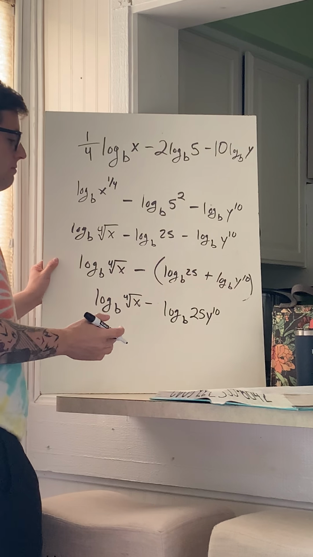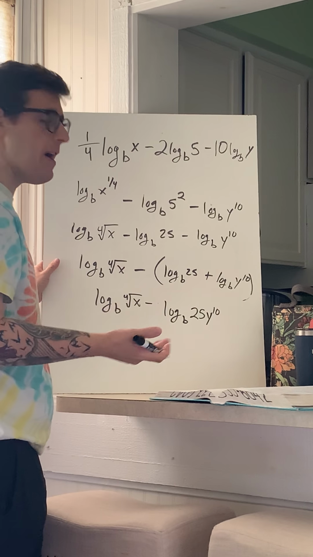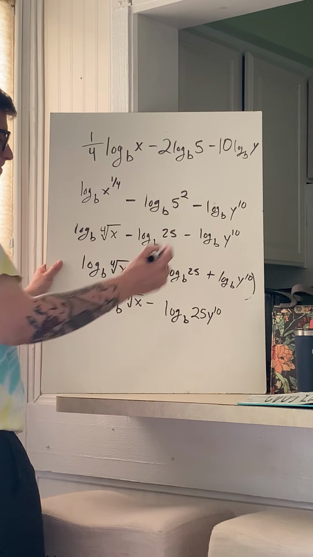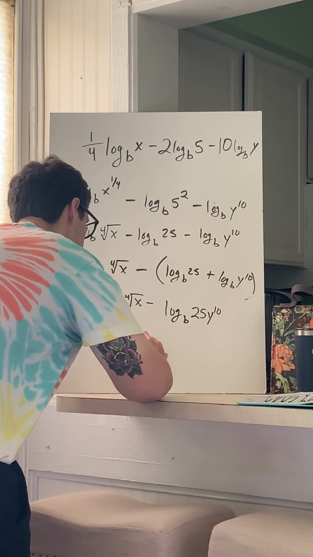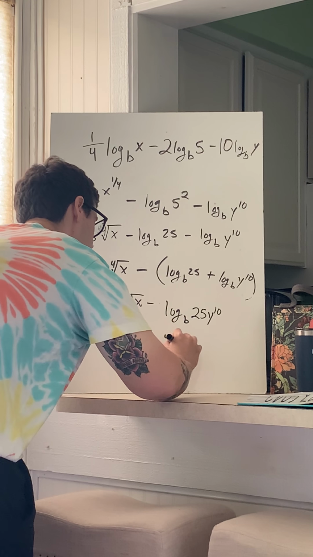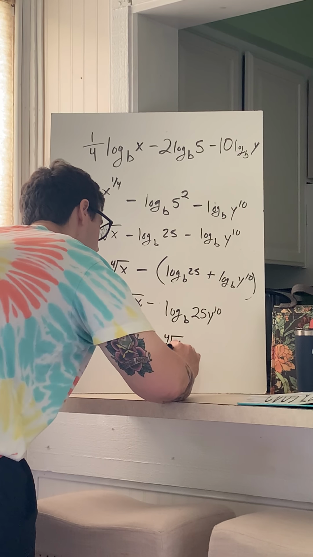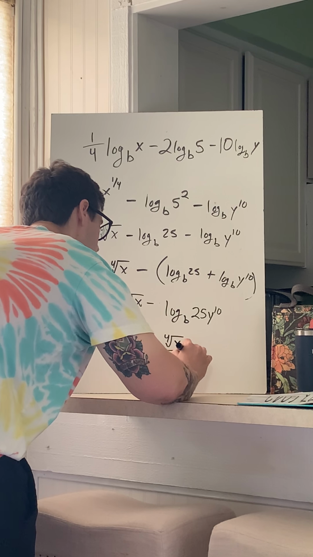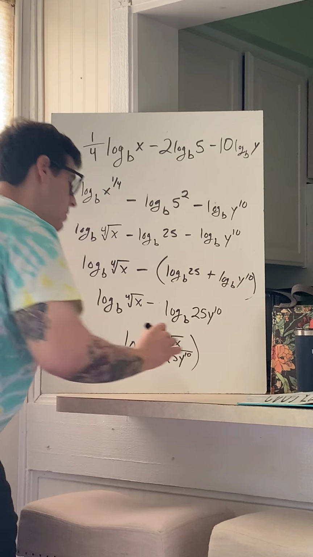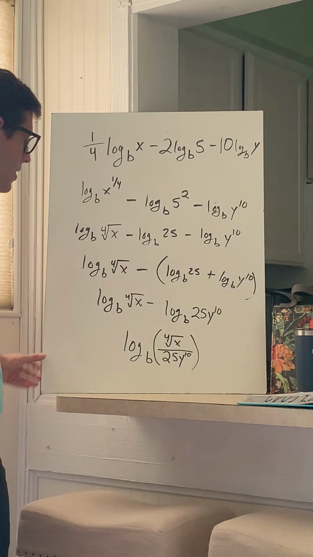I can't simplify that or evaluate that because it's just a variable. And then now I do my quotient. So log base b, the 4th root of x divided by 25y to the 10th. My inclination is to put this in parentheses. You don't have to, I just think it looks a little prettier.